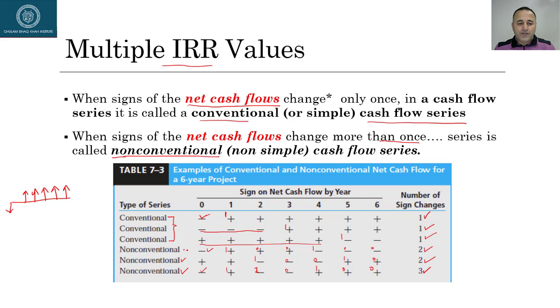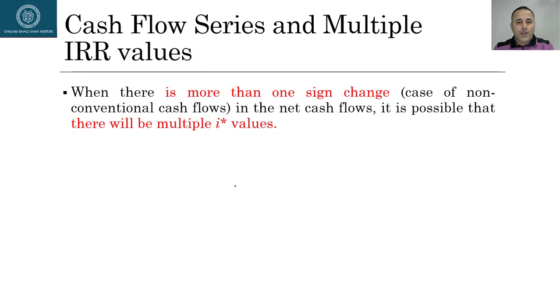So a cash flow series which has more than one sign change is a non-conventional series. For a non-conventional series, when there is more than one sign change in the net cash flows, it is possible that there will be multiple IRR values. And there are some criteria for it. We will learn about those criteria.